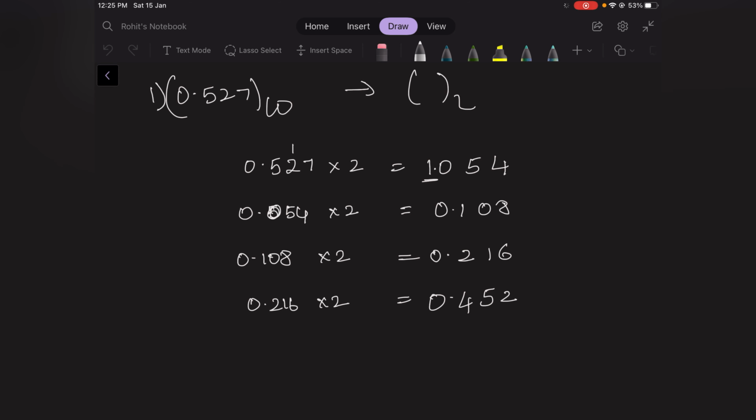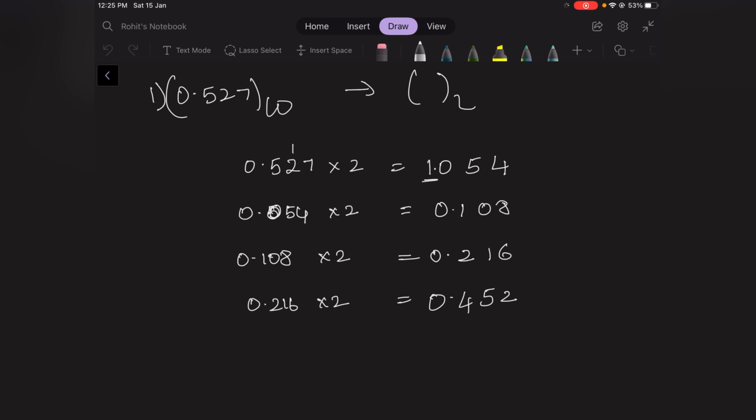It's not necessary to continue until there are no digits after the decimal point. We stopped after 4 digits. It's your wish to stop at any point, but I consider this enough, so we get the final answer.